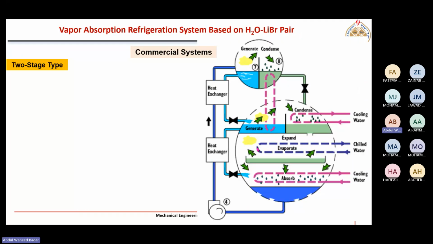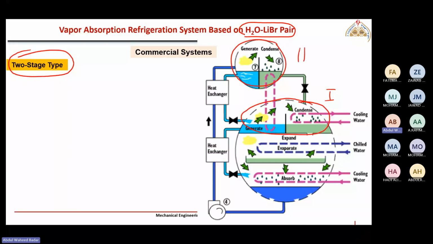Okay. So here we see still a water lithium bromide system, but now it's a two-stage. Two-stage means here we have more than two pressure levels. So as you see in this figure, now we have more than one generator condenser combination. This is one, this is another generator combination.